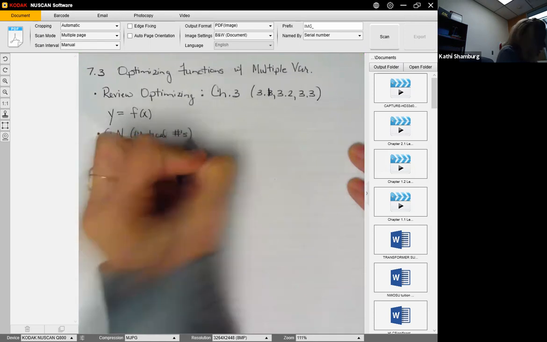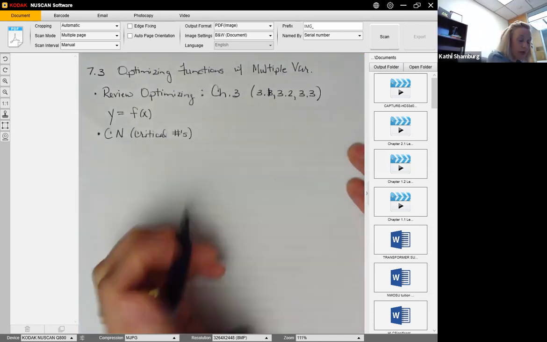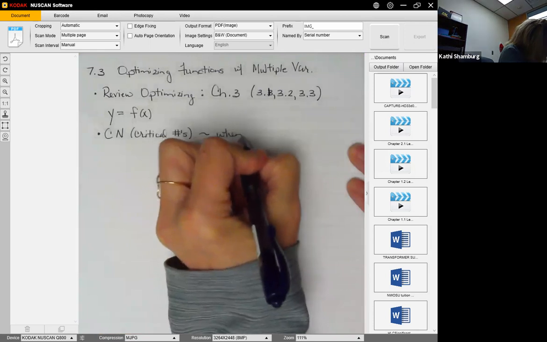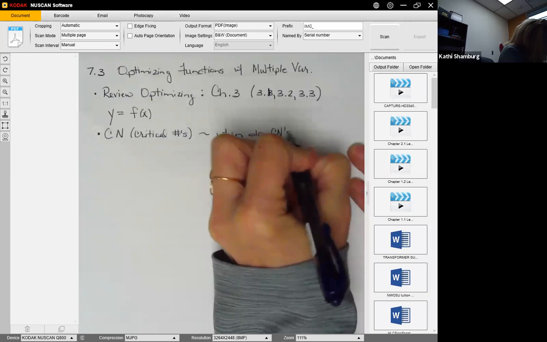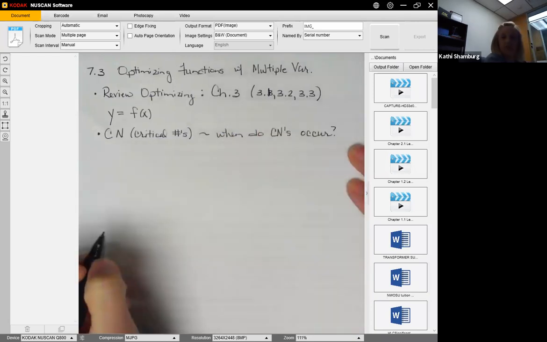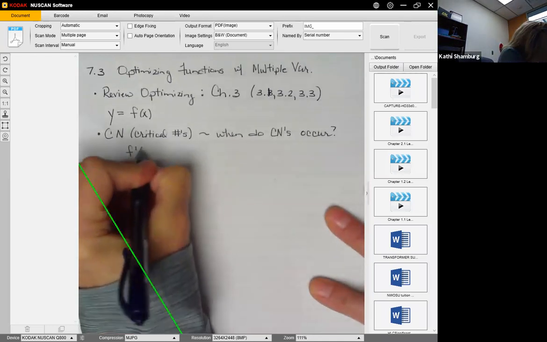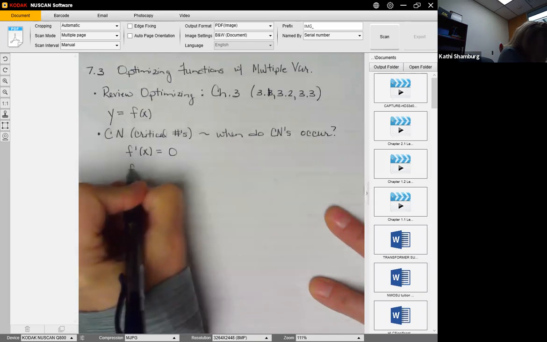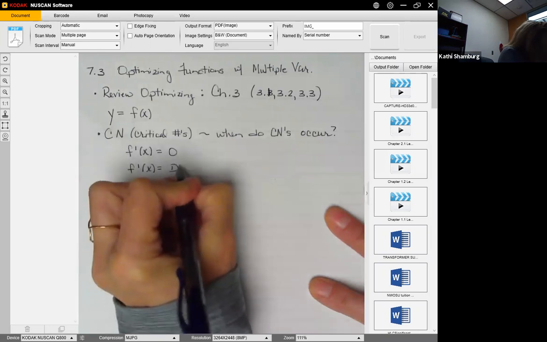So if you recall, CN represent critical numbers. Now we have to remember then, when do critical numbers occur? So we need to ask ourselves and review, when do critical numbers occur? Now, hopefully you recall from chapter 3 that they occur when the first derivative is equal to 0 or the first derivative does not exist.